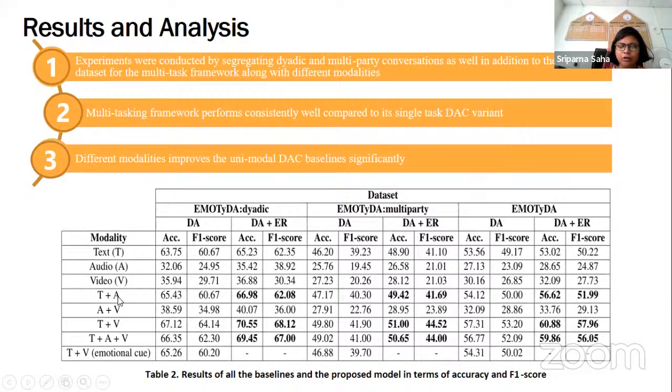When we add audio to the text, we get 62.08, so there is a drop compared to text. But if we add video to text, there is a 6% increase: text alone gave us 62%, and text plus video gives us 68%. So video is helping and improving the text.